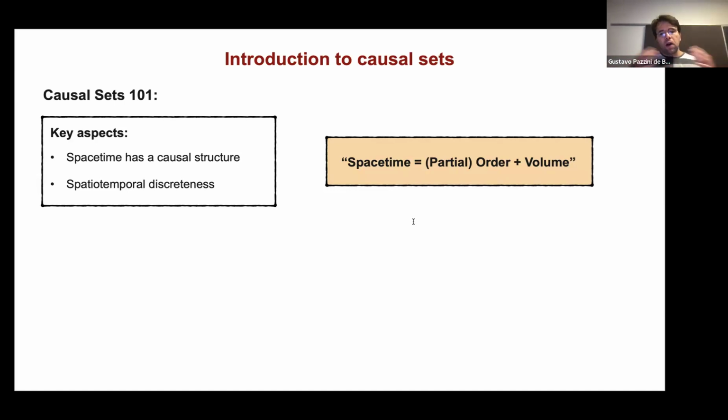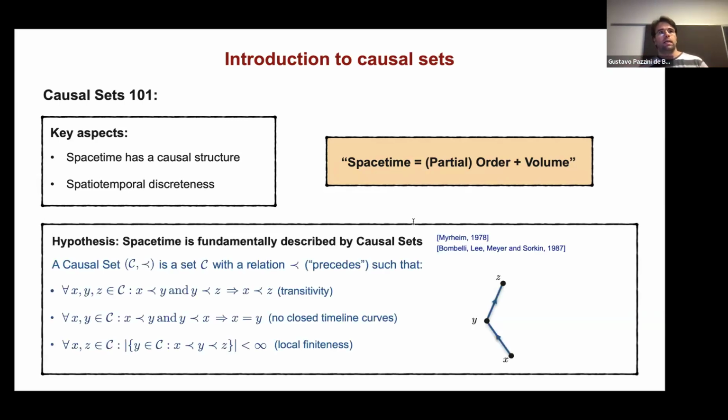Okay? So now that we have the key aspects and a motivation for them, let me give you a bit of mathematical definition and actually define what a causal set is. Generically, a causal set is essentially a set with a relation that I will call precedes. The first assumption is that given 3 points, if the first point precedes the second and the second precedes the third, then the first precedes the third.